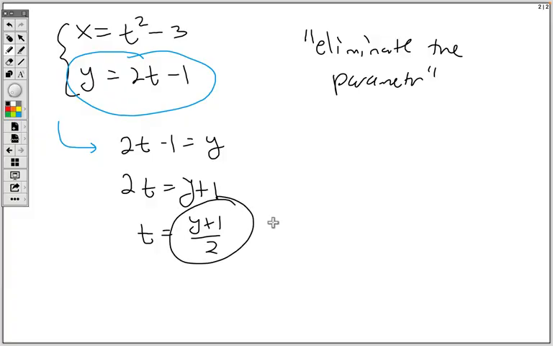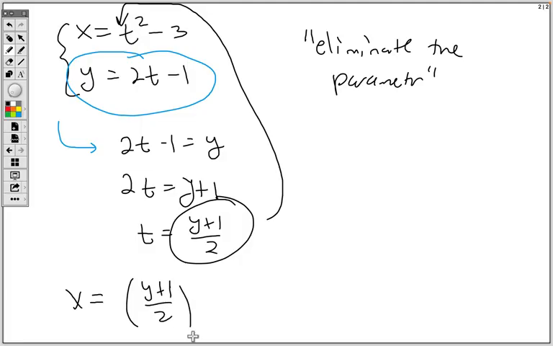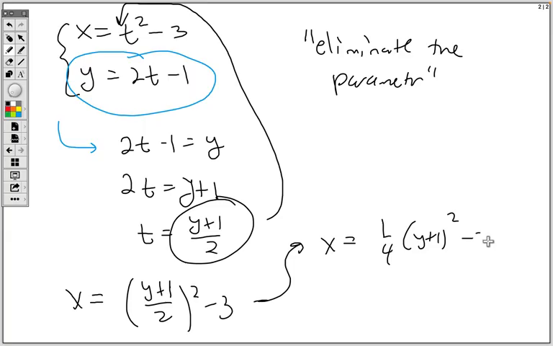And this is my value for t, which I'll substitute back in for x. So x is equal to the quantity y plus 1 over 2 squared minus 3, which I can simplify a little bit. This would be y plus 1 quantity squared times a quarter minus 3.